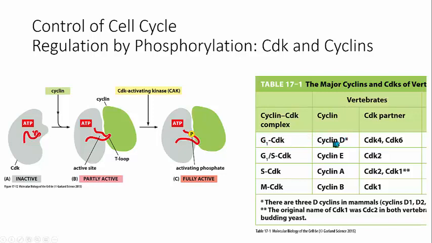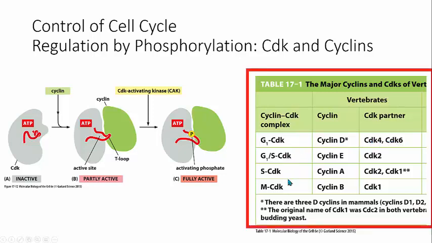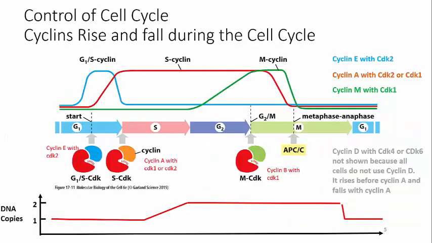The G1, for example, would be cyclin D with either CDK4 or CDK6. You do need to know each of these CDK complexes, knowing which cyclin and which CDKs go together and which phase of the cell cycle they control.